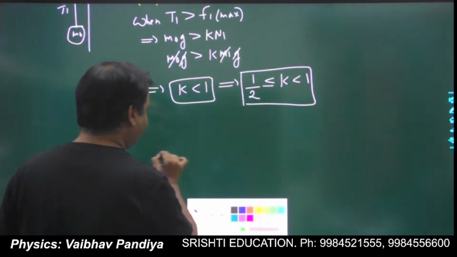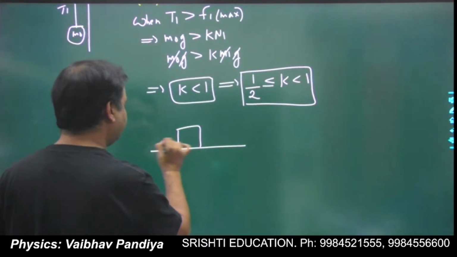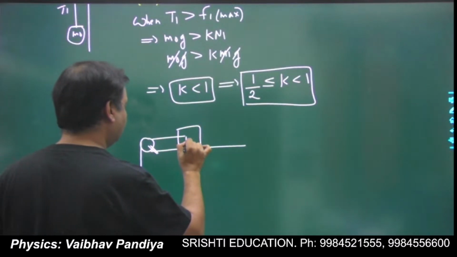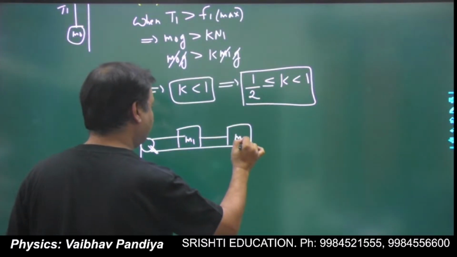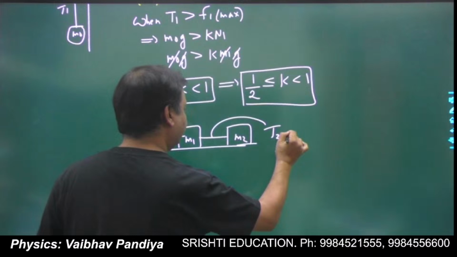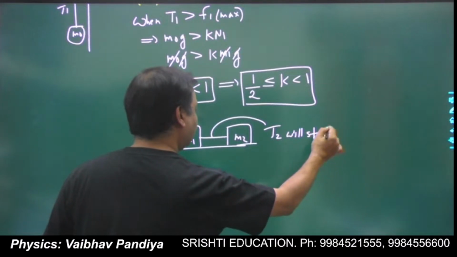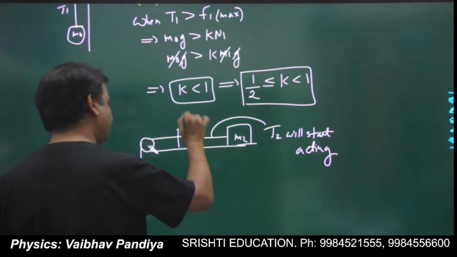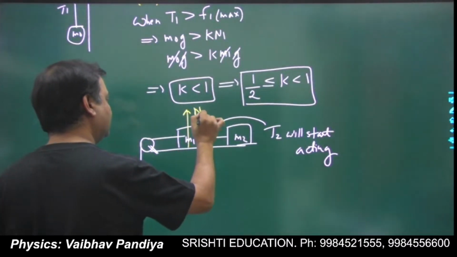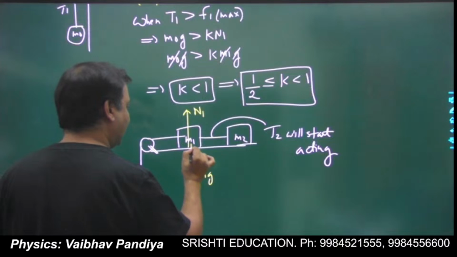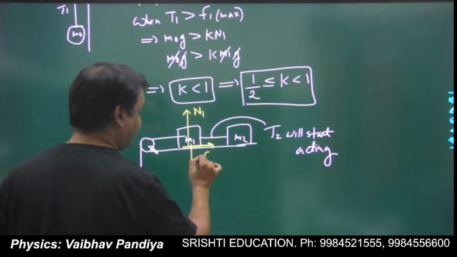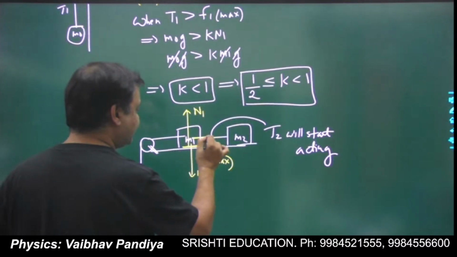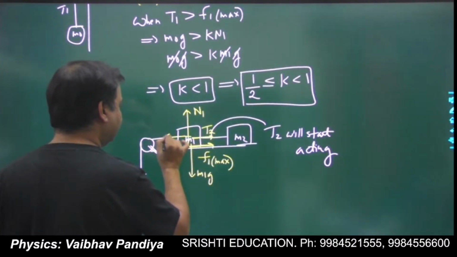Now since T1 is greater than your Fs max, here T2 will start acting. Now T2 will start acting, and this is your N1, this is M1G, and now maximum frictional force will act because it has already reached its upper limit. Then only T2 will start acting. So this is your T2 and this is your T1.